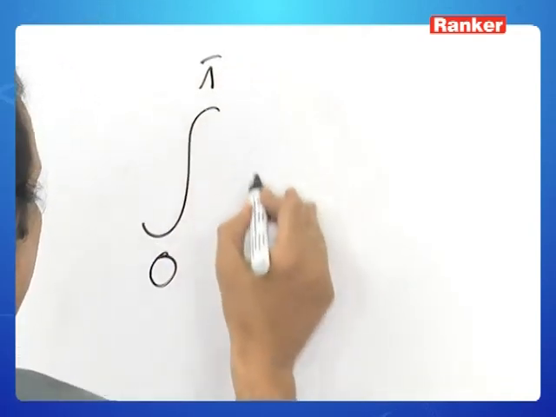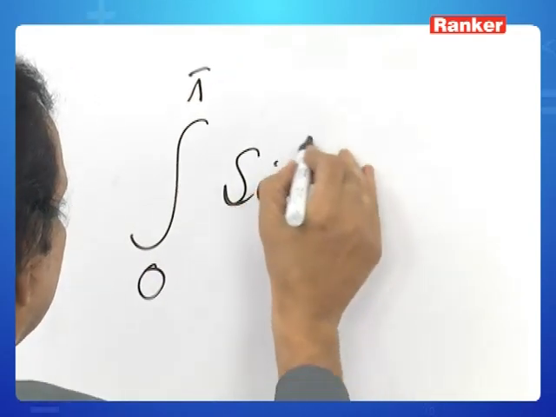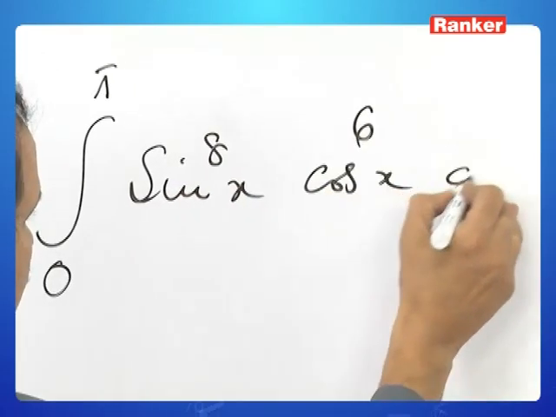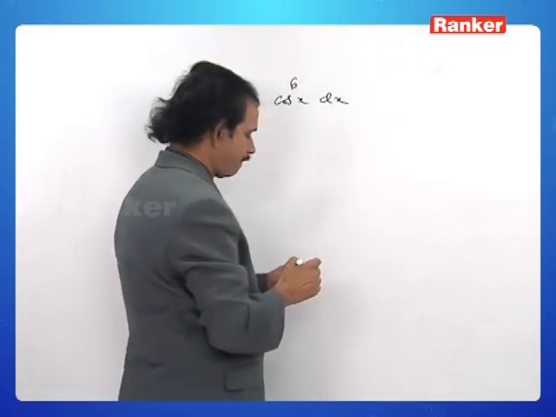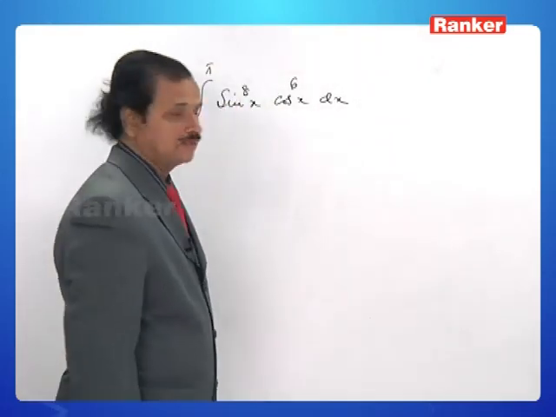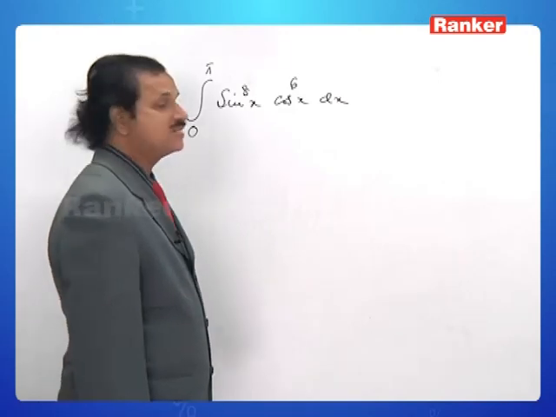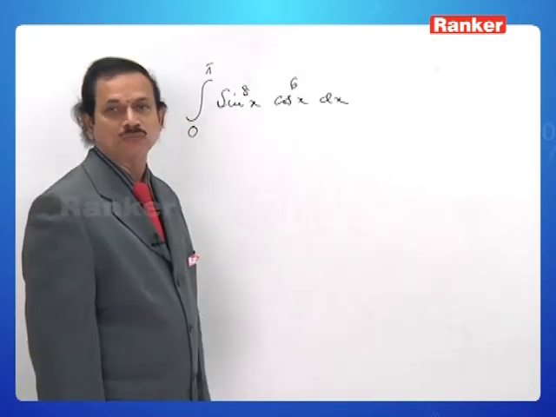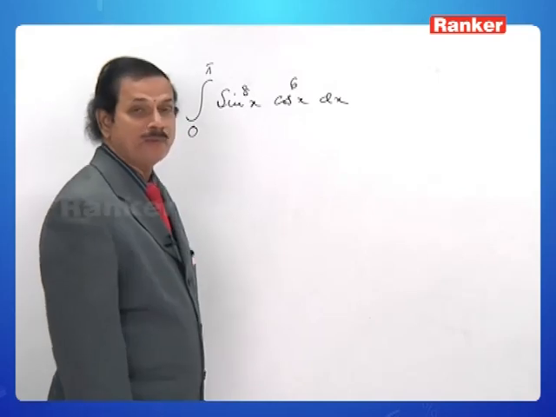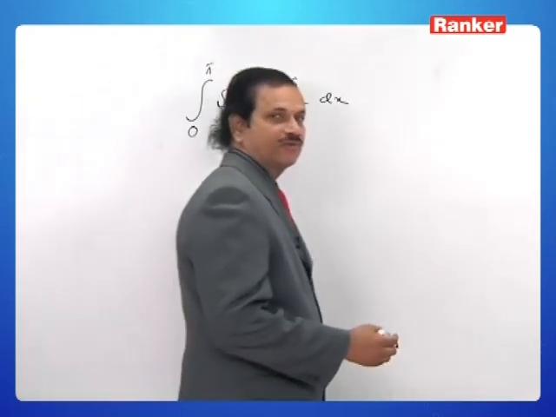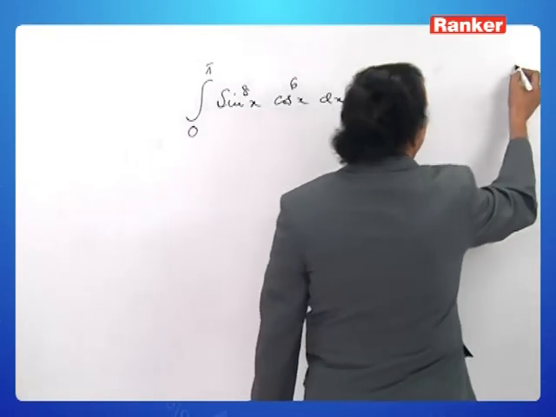Integral 0 to pi sine power 8x into cos power 6x. This is not in the standard form. The limits are not given as 0 to pi by 2. It has been given 0 to pi only. So we have to recollect the formula. What is that formula?